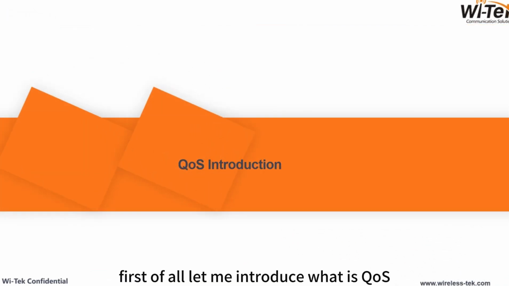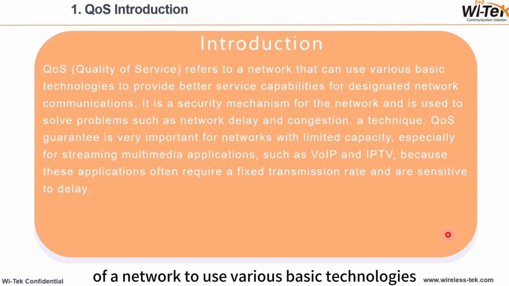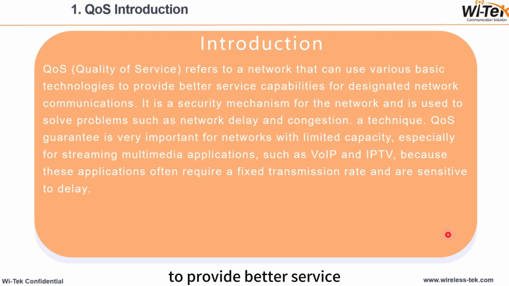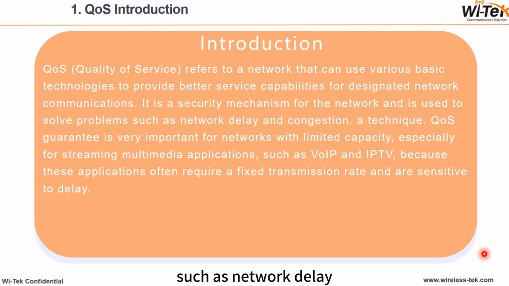First of all, let me introduce what is QoS. We call it quality of service. It refers to the ability of a network to use various basic technologies to provide better service for specific network communications. It is a security mechanism of the network and it is used to solve problems such as network delay and congestion.